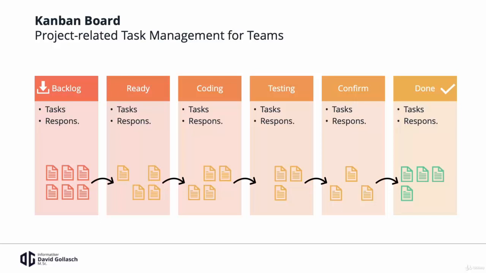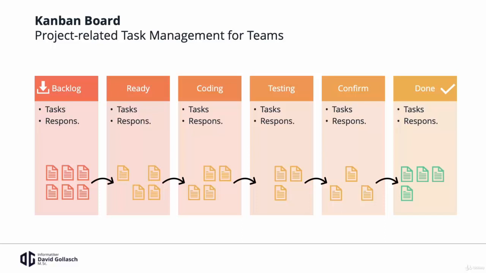And afterwards we have to confirm that the testing is successful. And this confirmation part is something that, of course, often the customer is responsible for as well. And then, if everything is fine, this software feature will be handed over to the done column, because then it's ready and it's done, right?